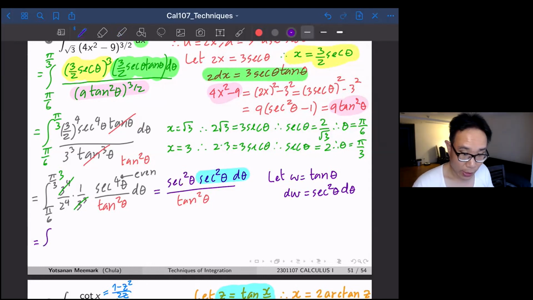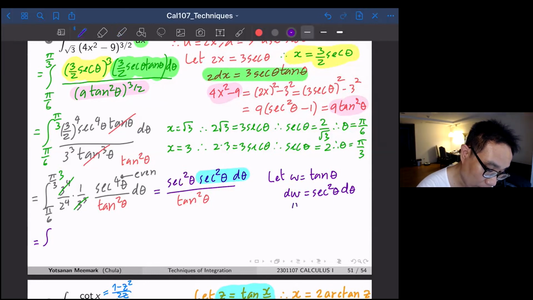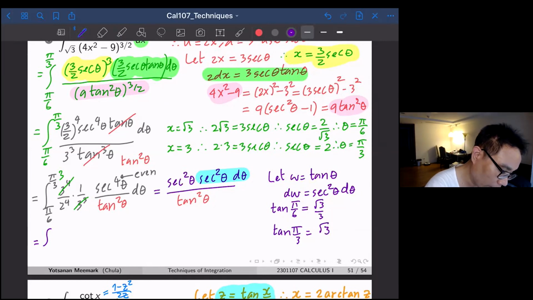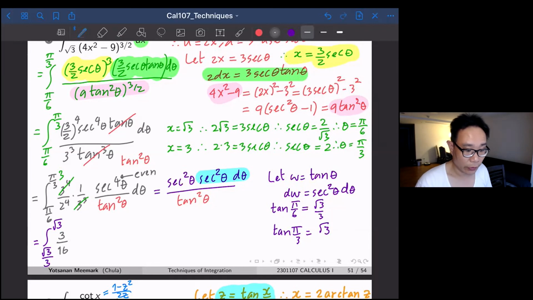This will allow you to change everything. So tan of pi/6 will be root 3 over 3, and tan of pi/3 is equal to root 3. So you're going to have root 3 over 3 to root 3, and don't forget 3 over 16.